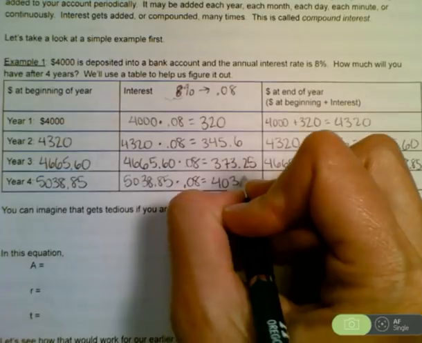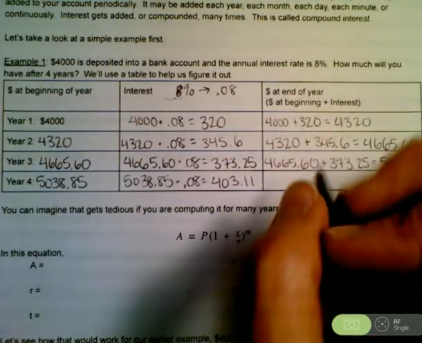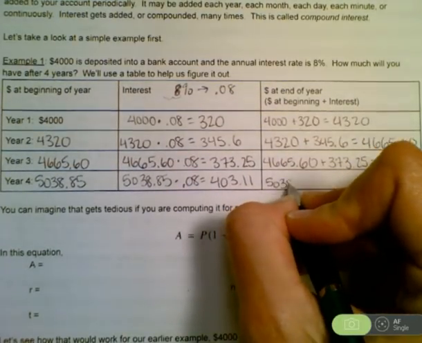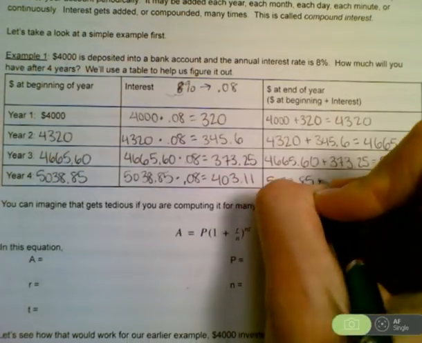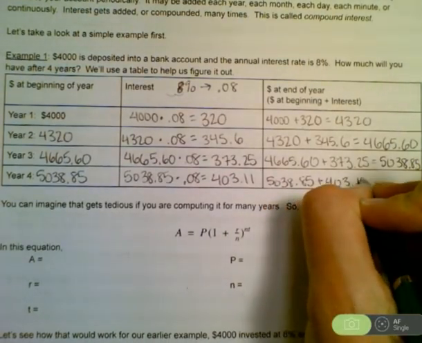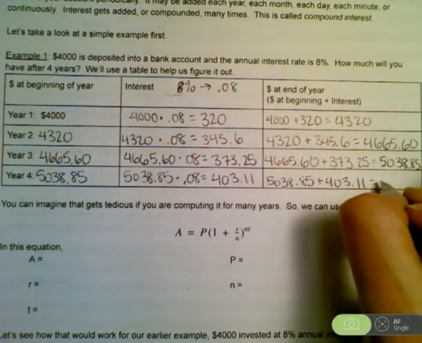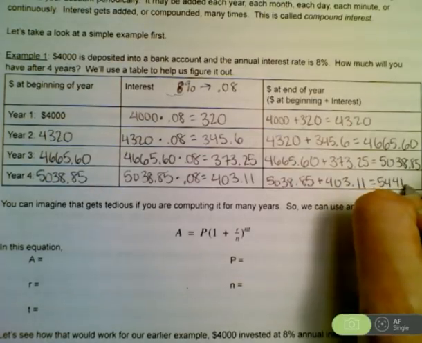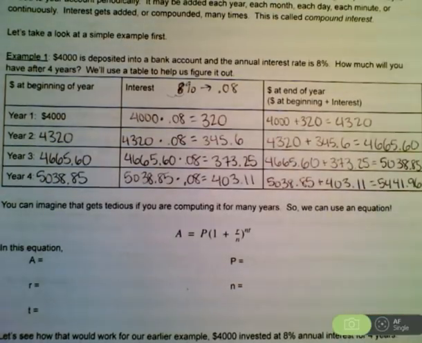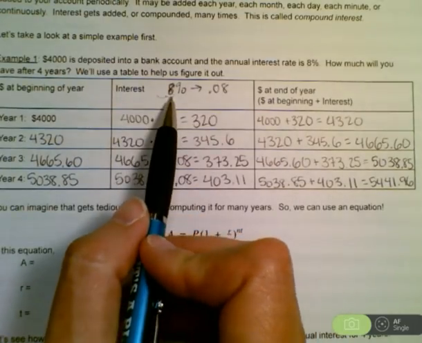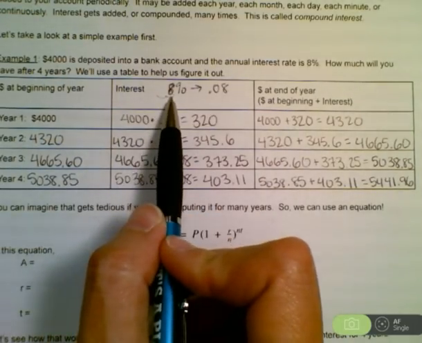That year I'm getting $403.11. So I have $5,441.96. That's pretty good. Interest rates, by the way, are not nearly this high. We're just using this as an example.